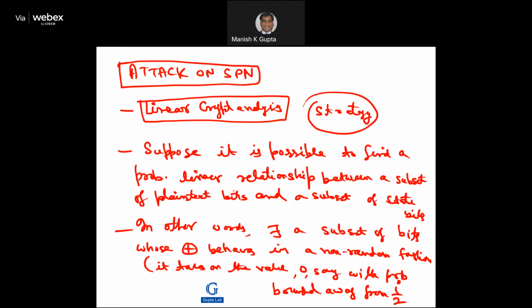Those W's are state bits, if you remember, at the r-th round. In other words, there exists a subset of bits where the exclusive OR behaves in a non-random fashion. So it takes on the value 0, say, with probability bounded away from half.